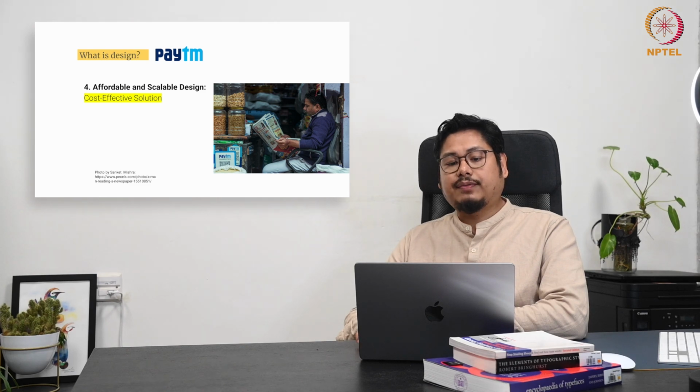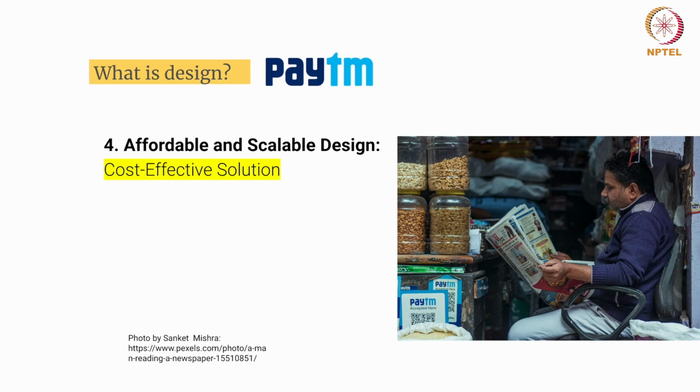Next point is affordable and scalable design. The overall system, the ecosystem of Paytm, is very cost effective. So people from small and medium enterprises, and also street vendors who make up a large segment of the Indian economy, can easily adapt to this. Say for example, a grocery store owner can adopt this technology without making any kind of significant financial investment.